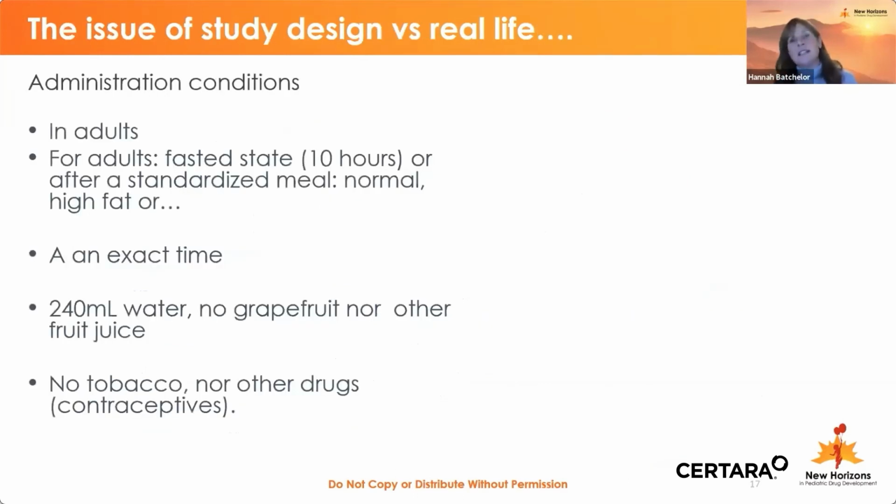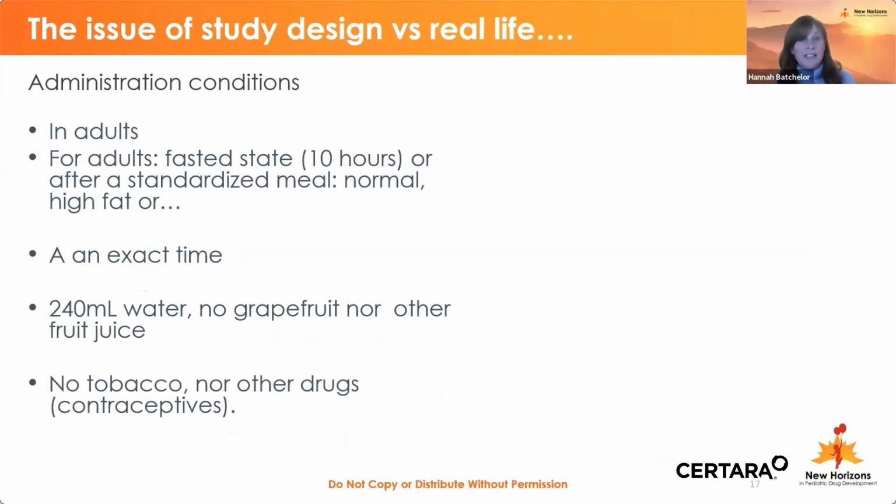There's also a need to consider study designs versus real life. For adult bioequivalence or relative bioavailability studies, there are typically quite stringent conditions. We're normally using healthy adults as a start, in the fasted state or after a very standardized meal.